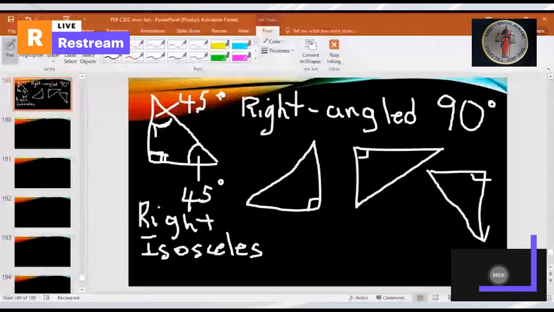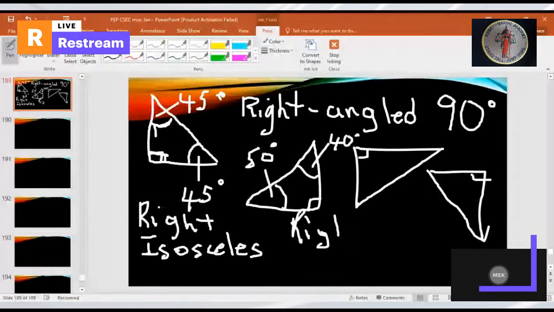But it can also be a right scalene, if all three angles are different. So let's say this one is 50 degrees and this one here is another different value. That's a right scalene.